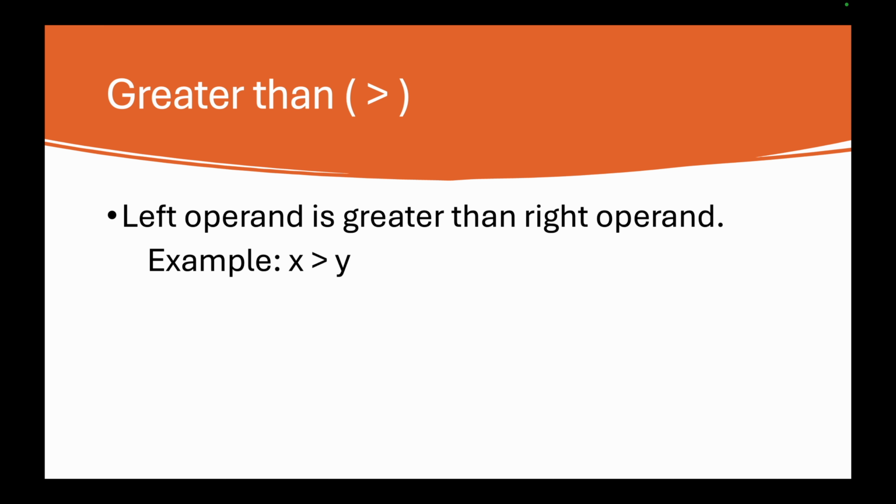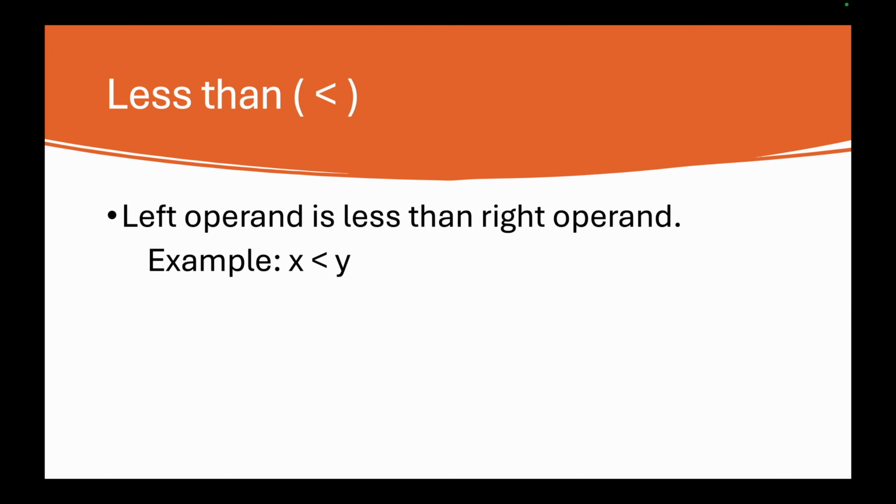In this case, the left operand is greater than the right operand, and we can represent x is greater than y. Similarly, in the less than operator, the left operand is less than the right operand, and we can represent x is less than y.